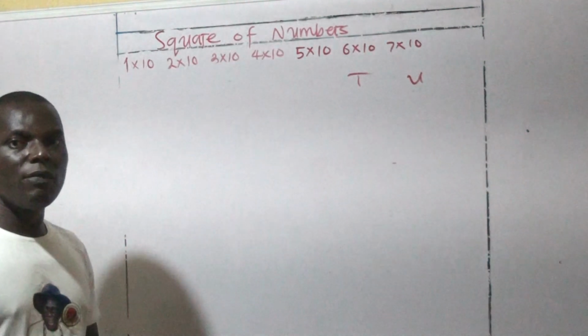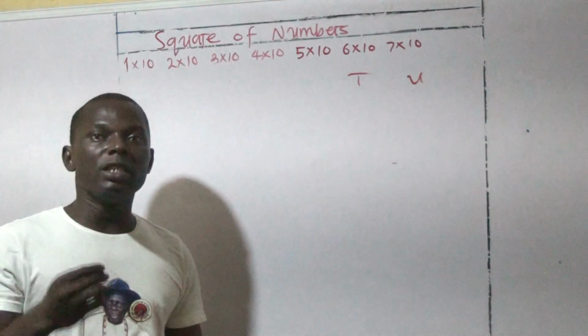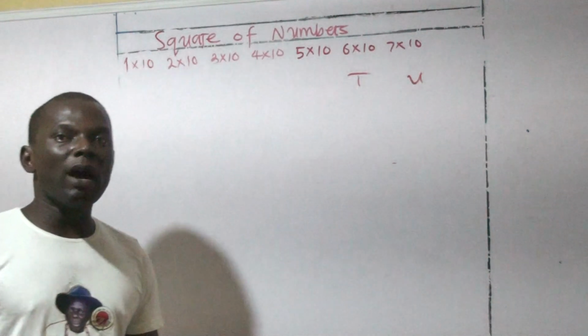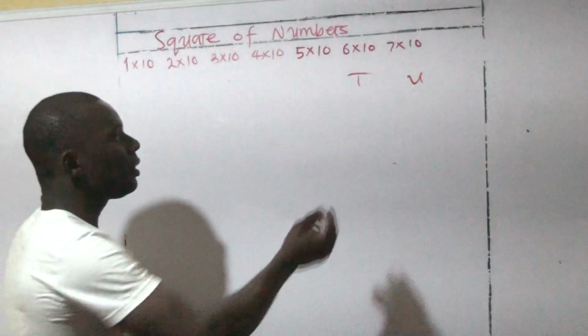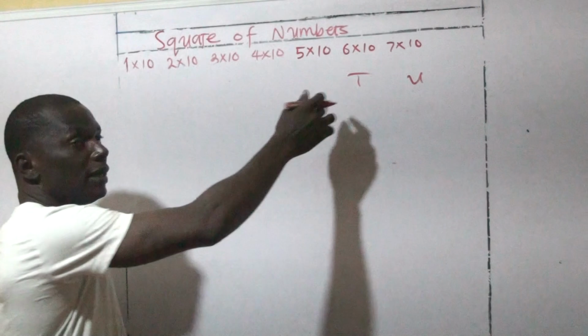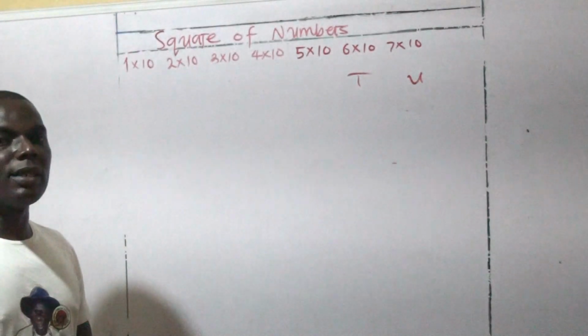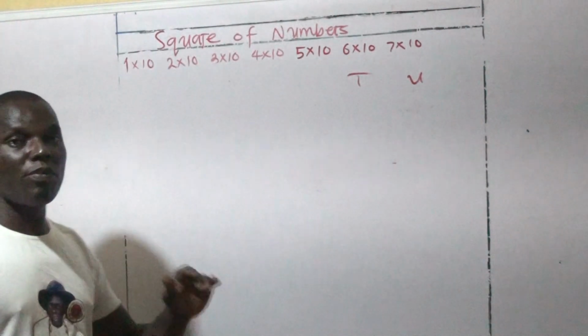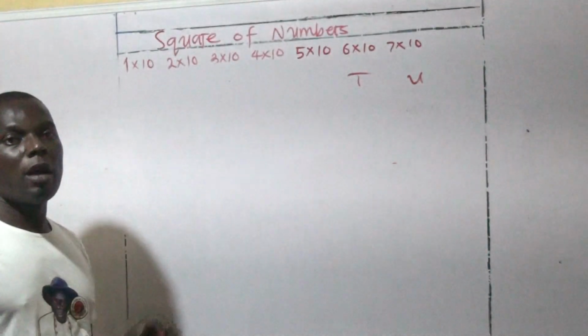Take note, if the square of the unit digit is a single digit number, you don't have to worry. You write the unit digit there, and write those in the tens digit, that is the result in step 4, and that becomes your answer.